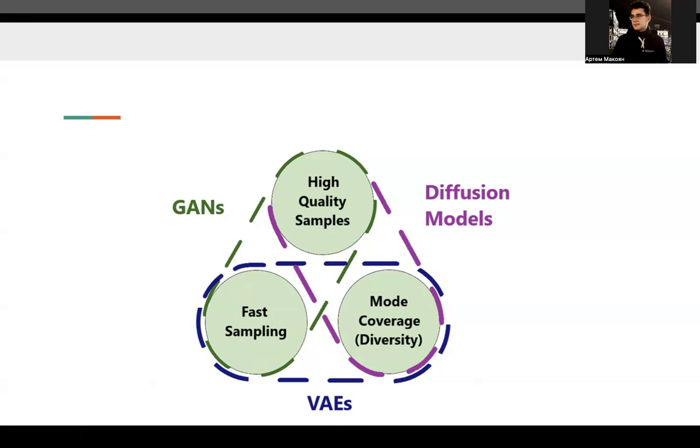But diffusion models usually need 1,000 steps to generate one sample. They do it with high quality, without mode collapse and with good diversity, but very slowly. There are some works that try to increase the speed of diffusion models, but that's another story.